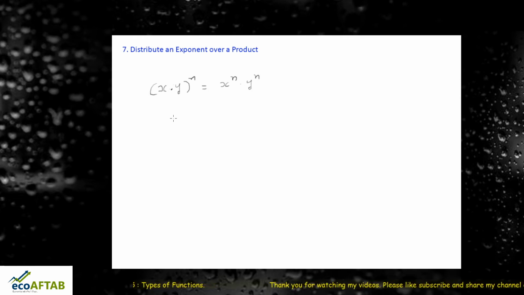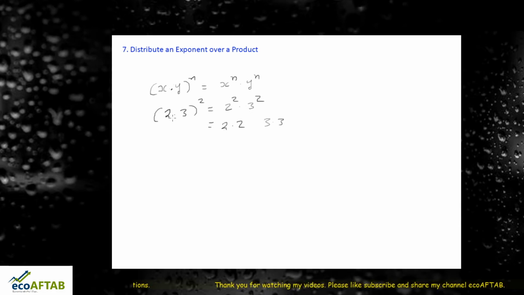For example, if I say 2 into 3 the whole raised to 2, it means 2 square multiplied by 3 square. So that is 2 into 2 multiplied by 3 into 3. This same thing we can write as 2 into 3 into 2 into 3. Either way, you are going to get the same answer.